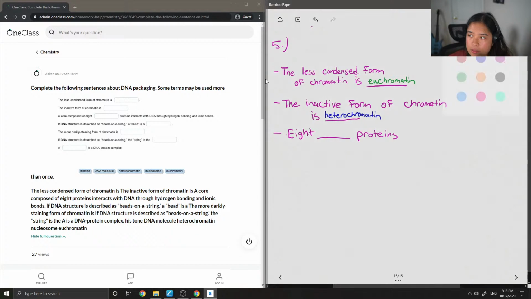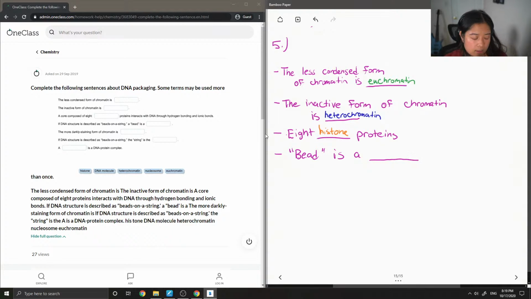Okay, so the only option for the proteins is histone. So we know that it's going to be a core composed of 8 histone proteins that interacts with DNA through hydrogen bonding and ionic bonds. If DNA structure is described as beads on a string, a bead is a blank. The answer for this one is a nucleosome.